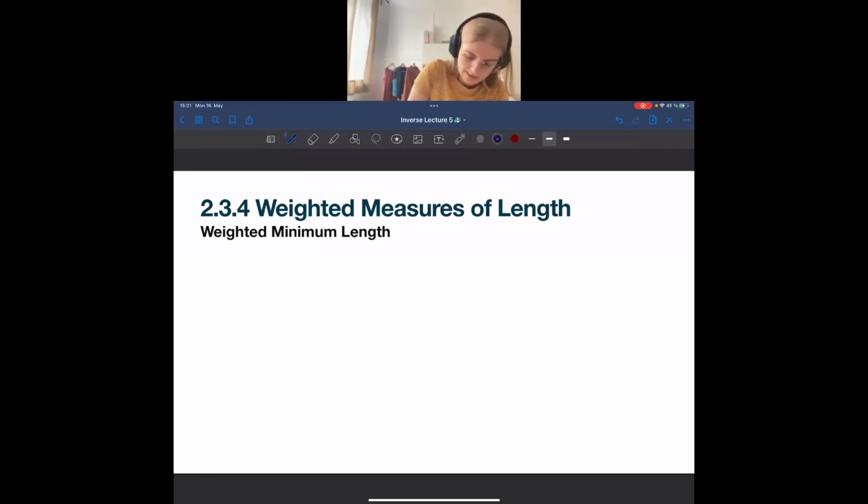So first, when we have minimum length, we said we want to minimize the parameters. So what we do, we now minimize m transposed omega M m, where omega M is once again the inverse covariance matrix.